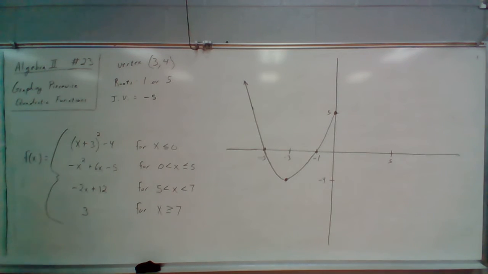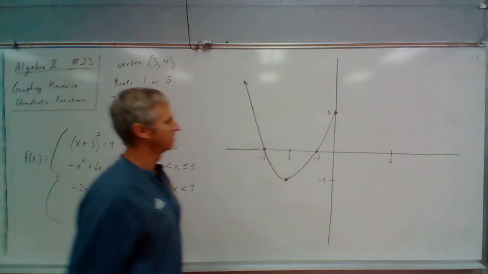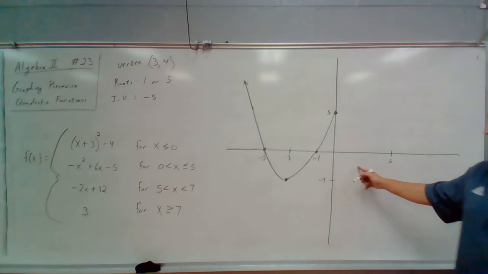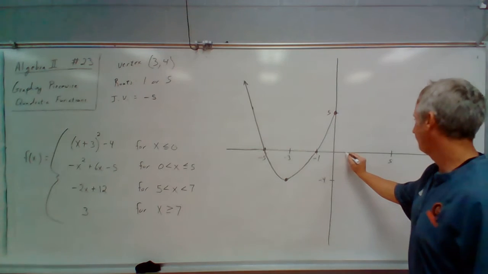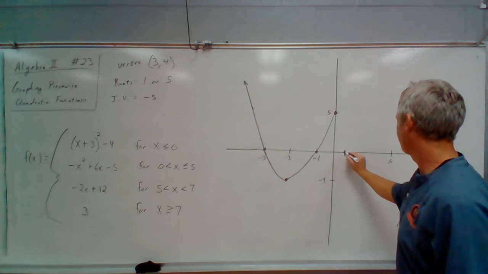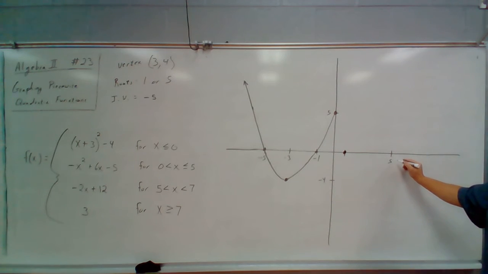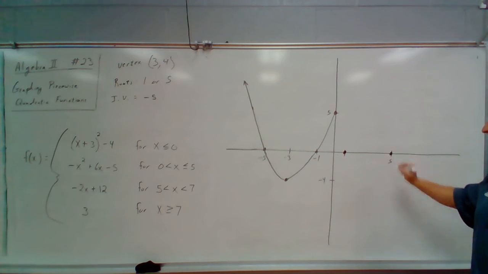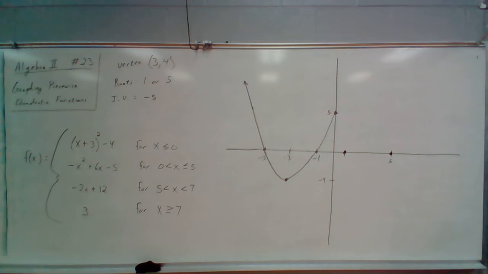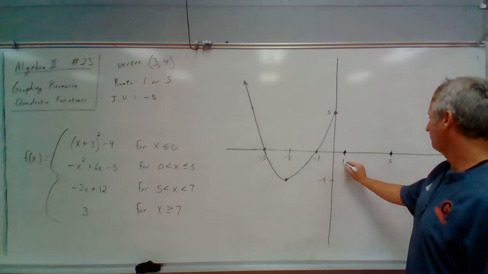All right, so let's see if we can graph this parabola. The leading coefficient is negative, so we know this one opens down. All right, so my roots are at 1 and 5. My vertex is at 3, 4.